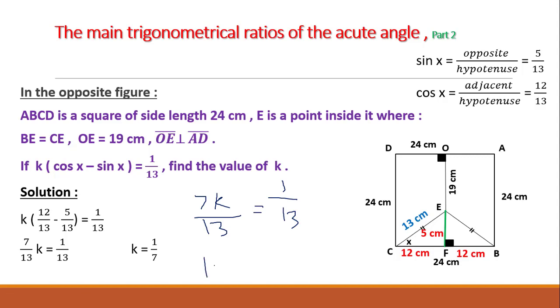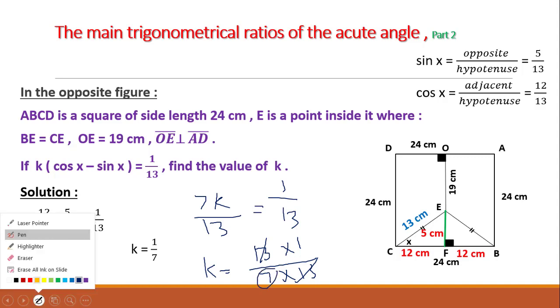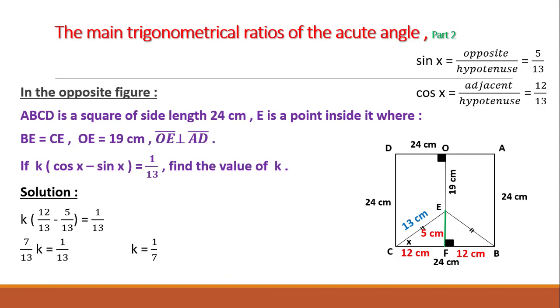So k equals, by cross product, 13 times 1 over 7 times 13, so it will be 1 over 7. Okay, so now we get the value of k, which is 1 over 7.